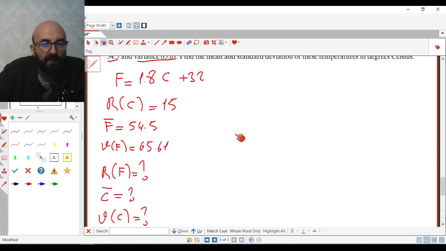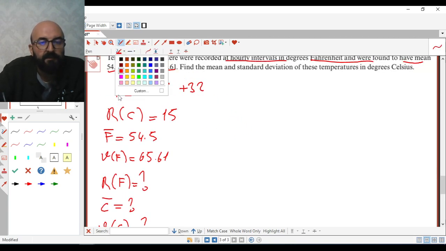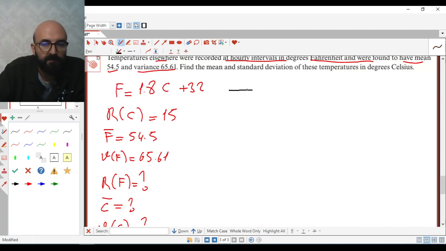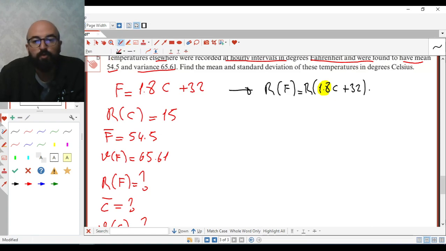Now the range of Fahrenheit means the range of 1.8 Celsius plus 32, and please remember that 1.8 only affects the range of F, so it means 1.8 multiplied by the range of C. So 1.8 multiplied by 15 becomes 27.